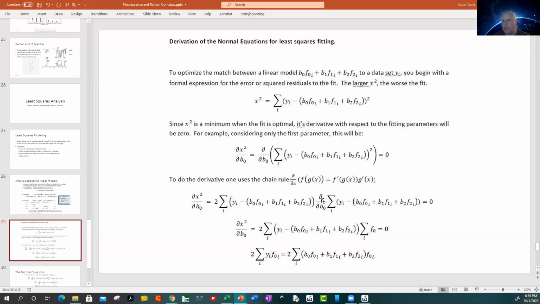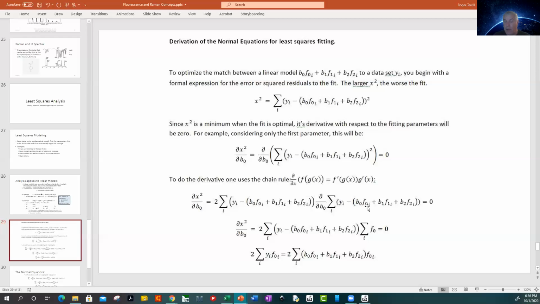Then, getting into it, you take the d by db0. This is the g prime of x. So you take the derivative with respect to b0 of this term. And it turns out that despite the weirdness of a sum, you can just forget the sum. This is just minus f0, and you just have to sum it up.